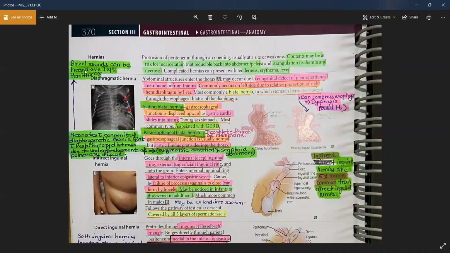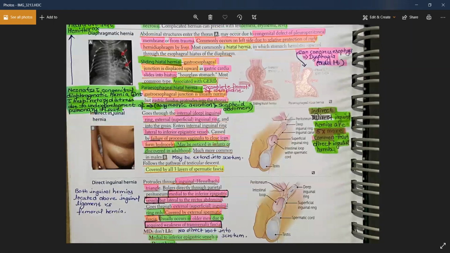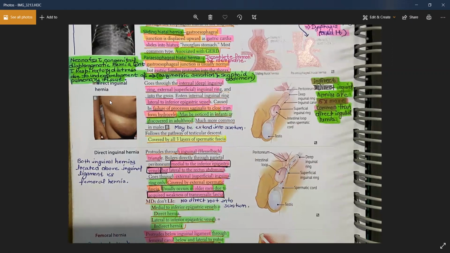So this is a case of diaphragmatic hernia. Now the inguinal hernias, which are of two types: the indirect inguinal hernia and the direct inguinal hernia. Indirect inguinal hernias take the path made by the inguinal canal.